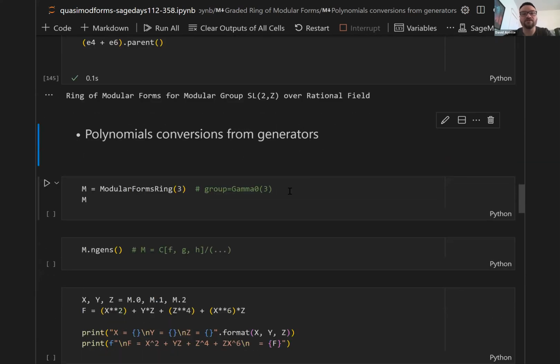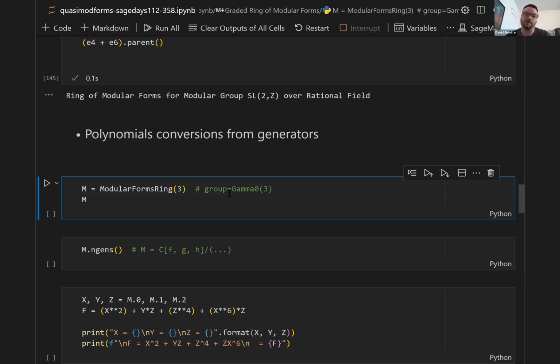Okay, another cool feature that was implemented: we now have polynomial conversions from generators. So here we'll take a slightly different example. I took the modular form ring, but for some congruence subgroup. I didn't talk about them in my slides before, but we can consider a certain subgroup of SL2Z, and consider modular forms for these subgroups.